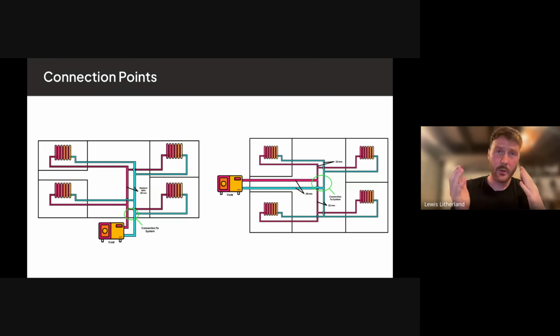So the one on the left, let's say that if you're going out to a property, a typical property where the whole main section of the pipework is 22, let's say, for instance, in this case, and it was branching off in whatever. So your main section is 22.